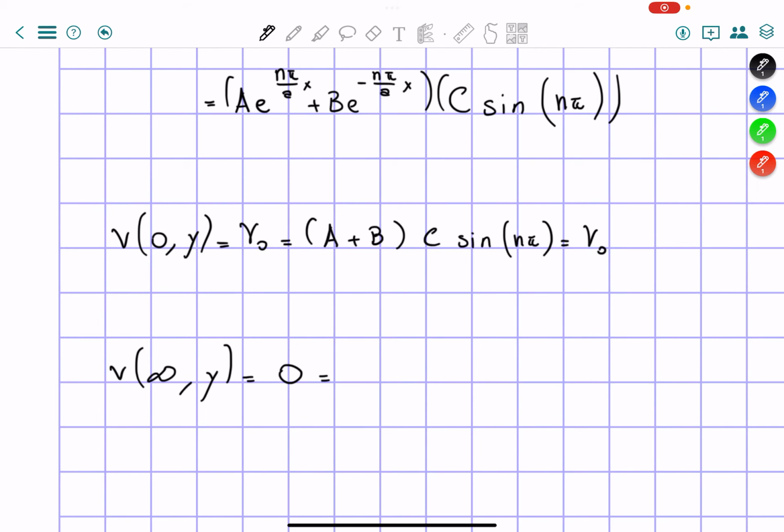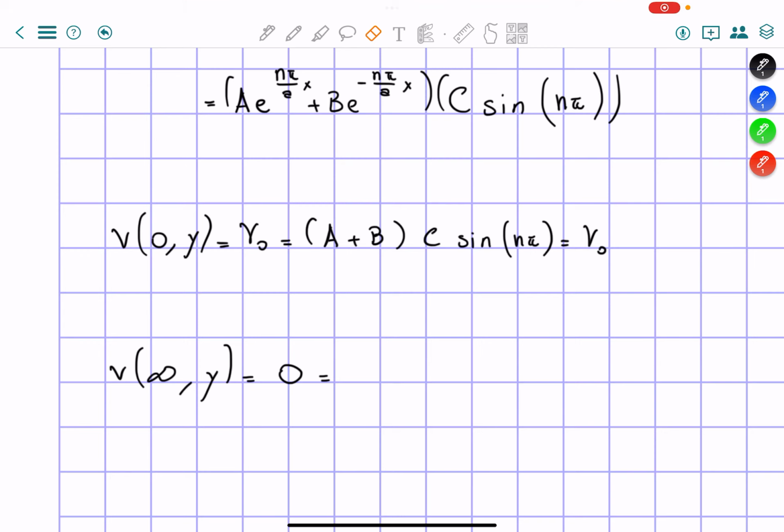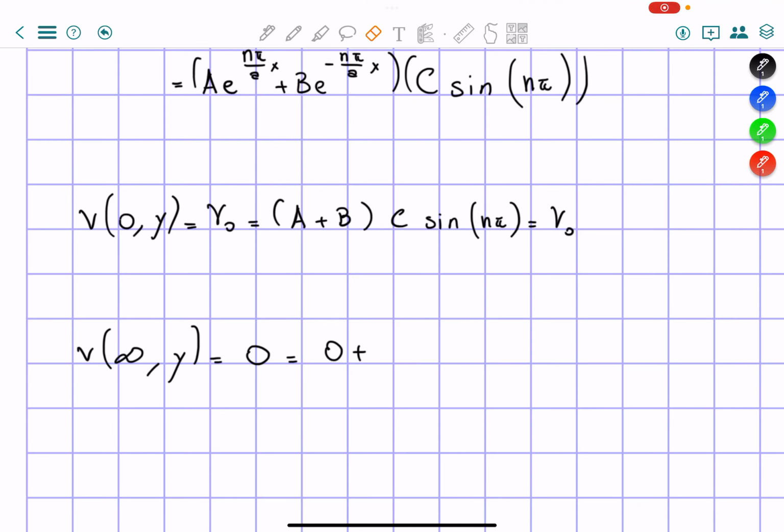If we try to actually graph our function e to the power of infinity, we're going to get a function that approaches 0. So we will get that e is equal to 0 when x is equal to infinity. Then for the b term, if we plug in infinity for x, we get negative infinity in the exponent.